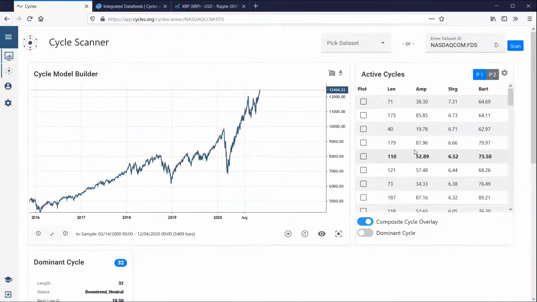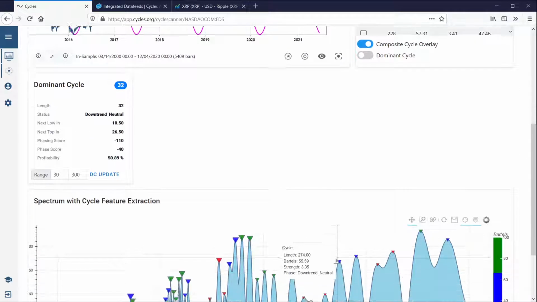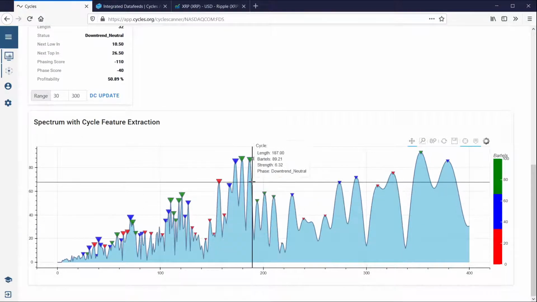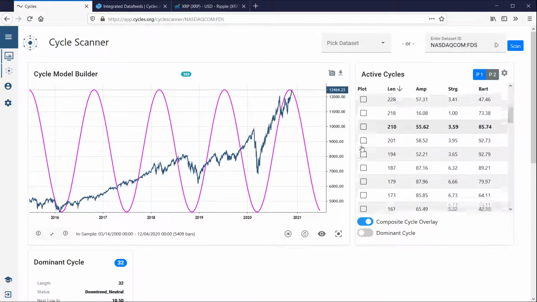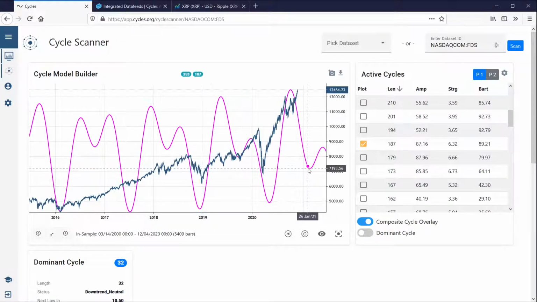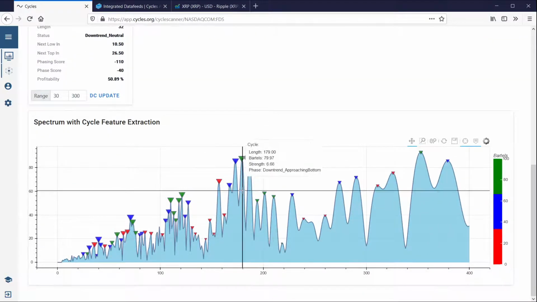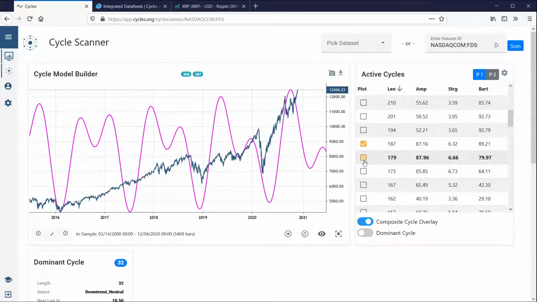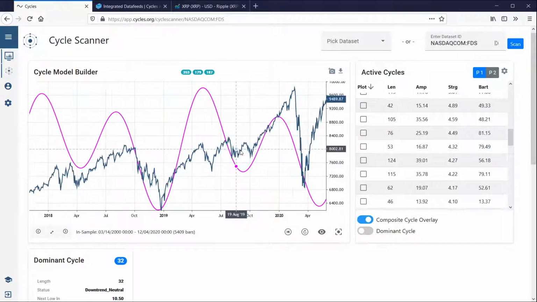Yeah, so let's start with these three. 353, and then maybe 187. It's kind of harmonic, quite harmonic. 187, and then maybe 179. These three cycles here. So let's use these three cycles.